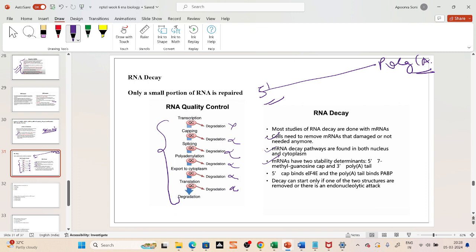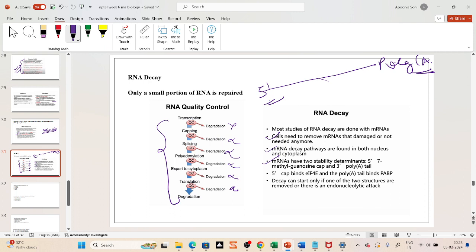How will the cell know that this RNA has to be marked for decay, or destroyed? The cell senses it because of the presence or absence of these two markers. If the 5 prime cap or the poly A tail, either of them is not there, is removed, or is not proper, then that mRNA is marked for decay.